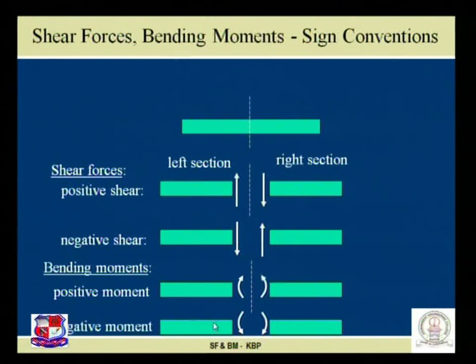It is also referred to as hogging bending moment, and this hogging bending moment is treated as negative bending moment. This is the general sign convention which I have used throughout this whole series. You may change the sign convention, maybe plus or minus sign, depending upon your convenience.